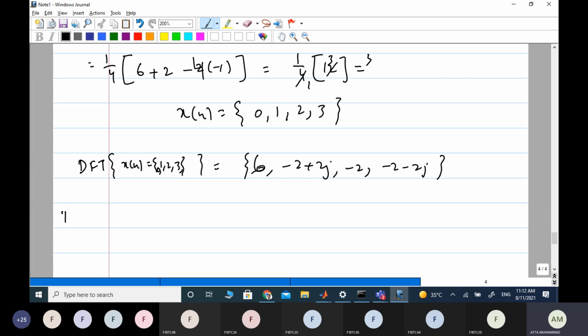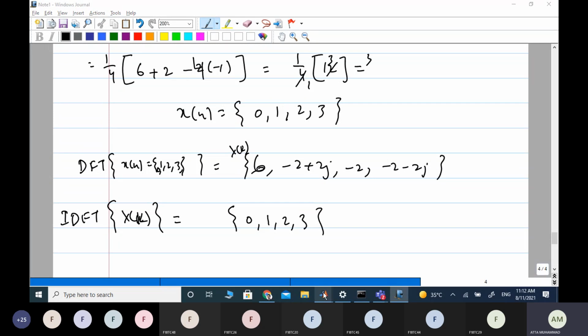Right, then we computed the inverse DFT of the same sequence that we computed here, x of k, and from that sequence we again extracted the original time domain signal, that was 0, 1, 2, 3. So it really works, right?